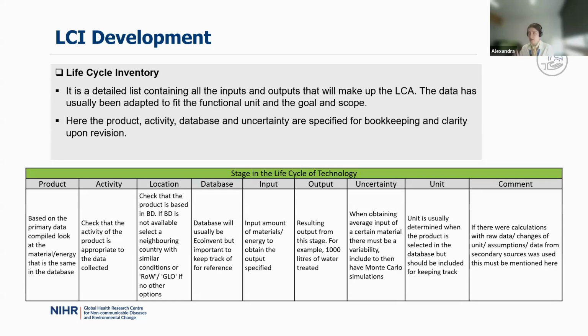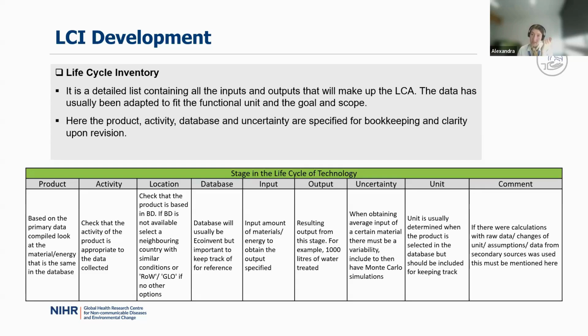But here is where we need to be careful and make sure that this is specified in the comments, although we will know, but we need to make it in a way that anyone that understands life cycle assessment can look at our life cycle inventory and can see our thought process, how we got this data, where it's from, what the values are, what the units are. This is quite useful always when inputting the data into software, because software doesn't always have the exact same units for the same product in similar databases. So you want to be careful about that.